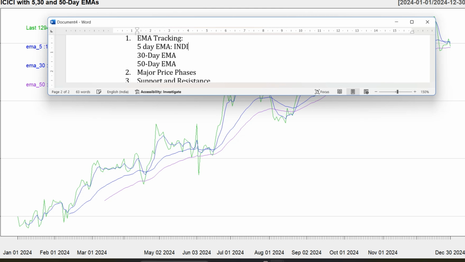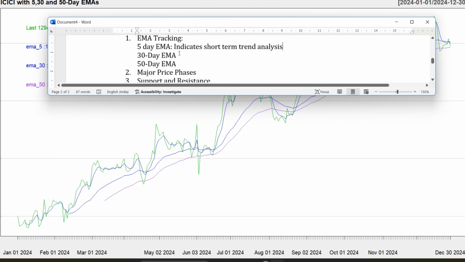It indicates short-term trend analysis. Since it is based on only 5 days of observation, it is going to give more than trend analysis. We can say it will give some signals, or we can mention signals as well. Signals whether it is bullish, bearish, and all.